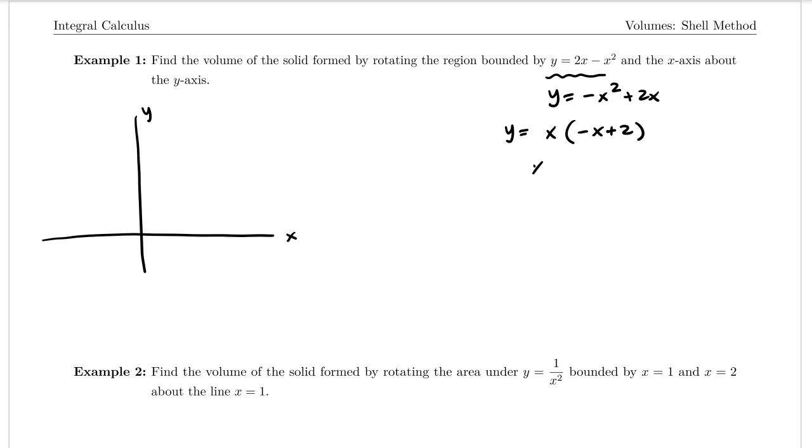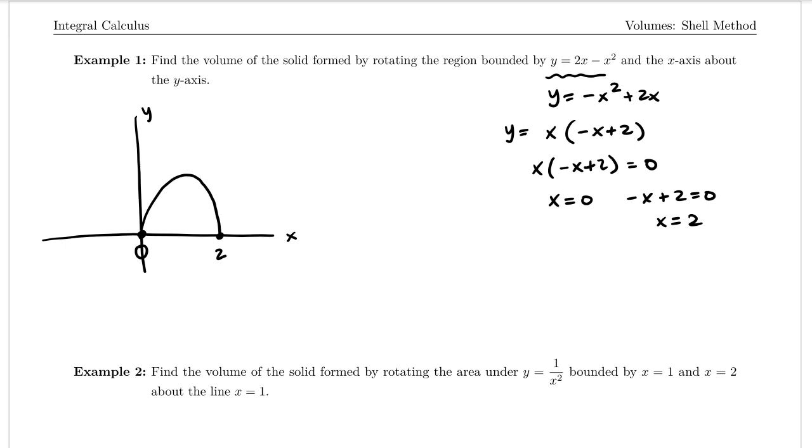If I set that equal to 0 and use the zero product principle, I would end up getting x equals 0 and x equals 2. That helps me identify where my graph is crossing the x-axis. So here's 0, here's 2, and my graph is going to look something like that.